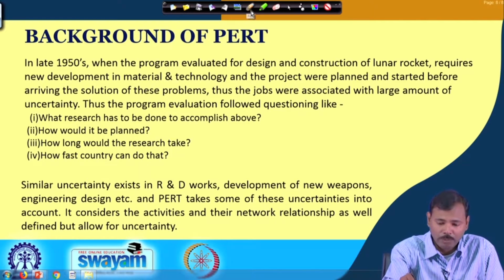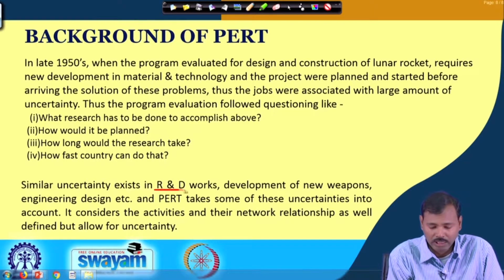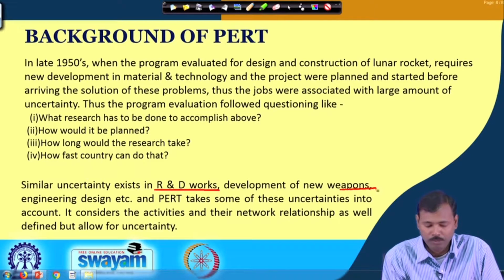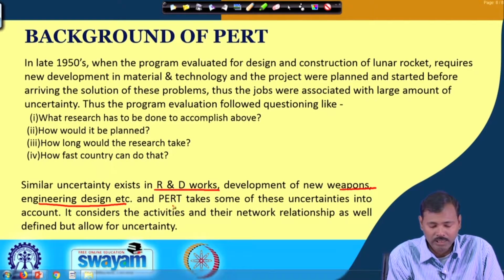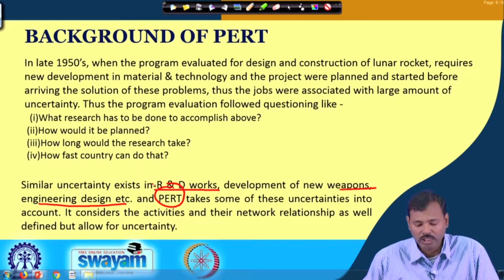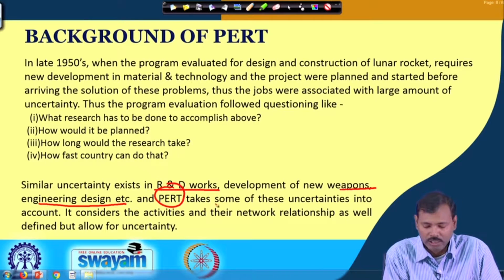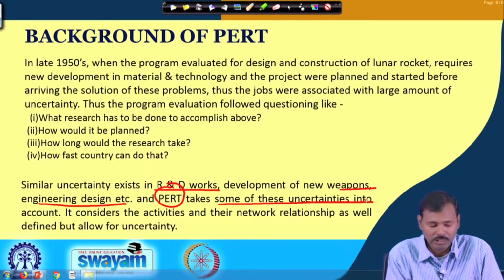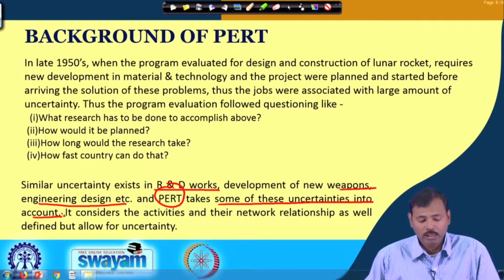So, this type of uncertainty works in R&D works, development of new weapons, engineering design, and in all those cases program evaluation and review technique is considered, because some of these uncertainties can be taken into account.